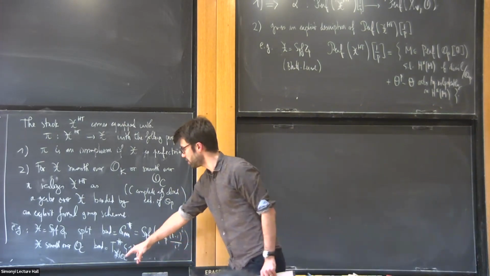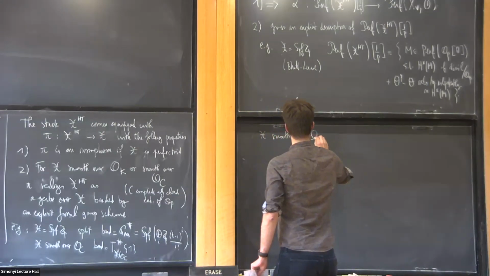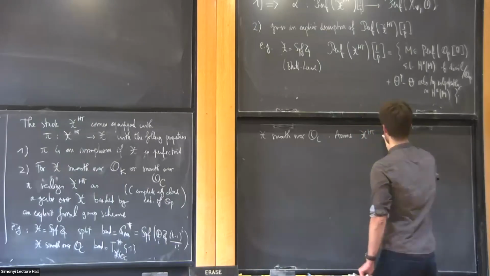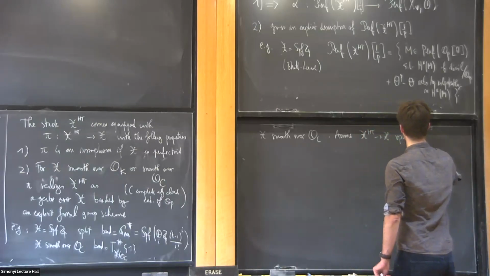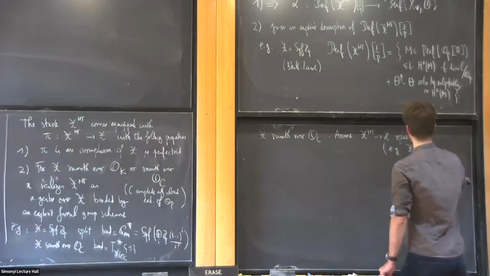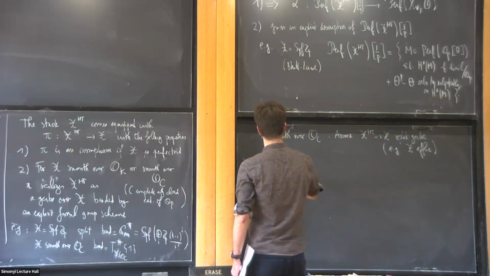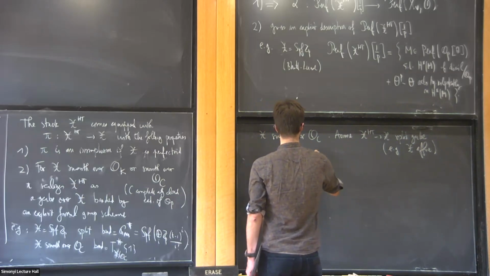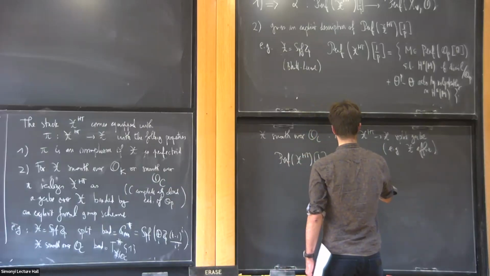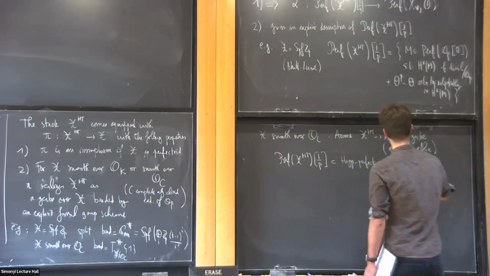So let me also quickly say something about this case. If X is smooth over OC, and you assume that the Hodge-Tate gerbe over X is split, which would be, for example, locally always the case, for example if X is affine, then you get that this isogeny category is the category of perfect complexes with a topologically nilpotent endomorphism.